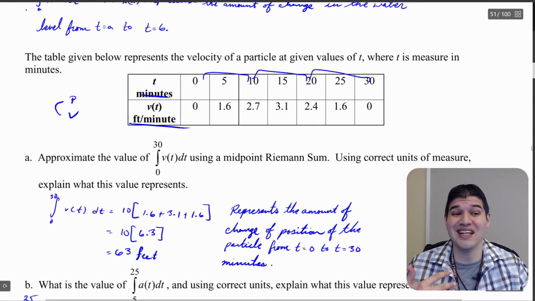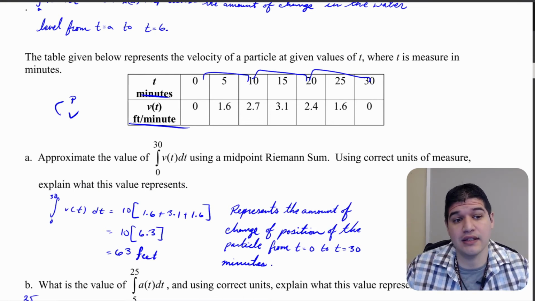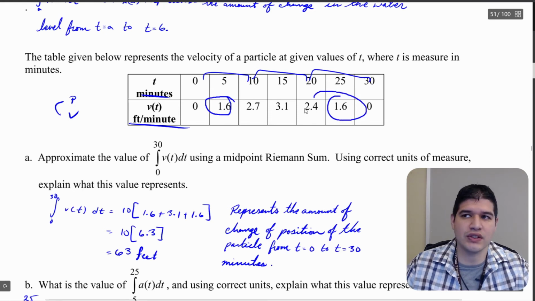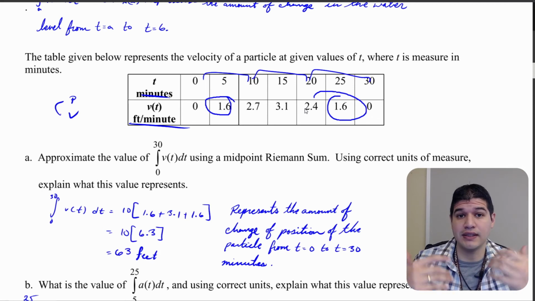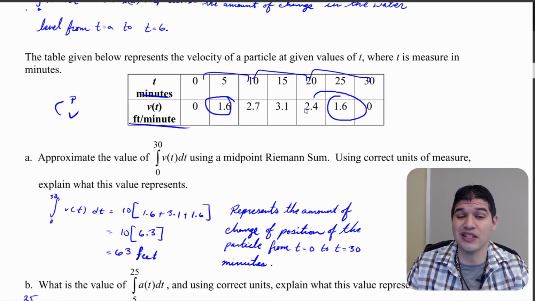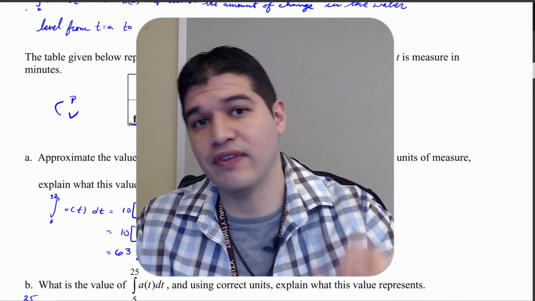And that's why I'm saying not the total amount of change, but just the net amount from beginning to end. So we know here that this is at 1.6, and this one's at 1.6. So since velocity hasn't fluctuated between 5 and 25, yes, position might have changed, but the velocity at those two values is the same, so we don't have a net change. And that is going to conclude our video here.